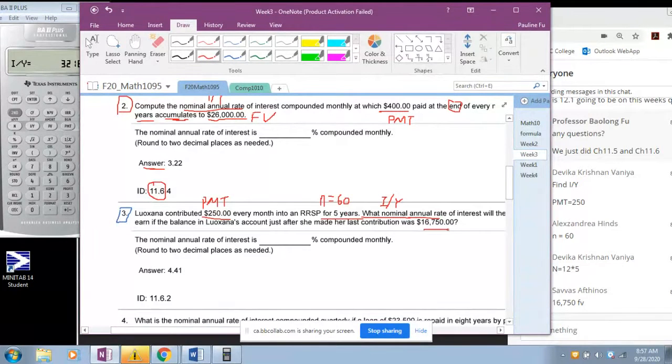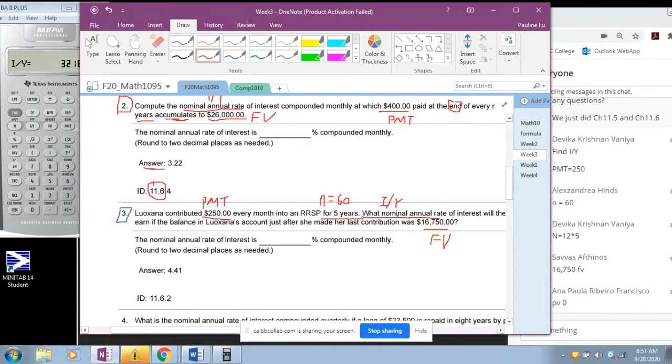So 16,700, that is FV. Remember, you are asked to calculate interest. Anna Paula, great. 0 is PV. Don't forget, 0 is PV. Fantastic.